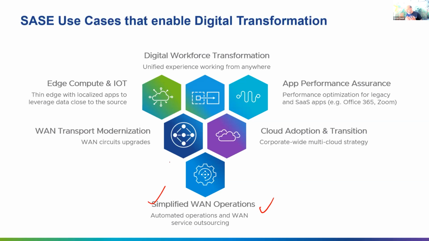So this is one of the very important use cases when it comes to digital transformation, other than application performance assurance and optimization, not only for SaaS applications but also for on-prem applications, which are everywhere, providing you with a richer application experience.